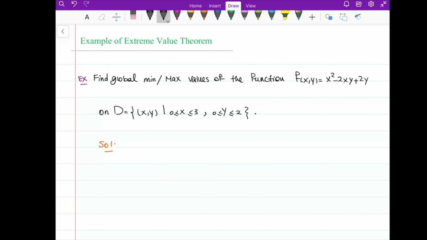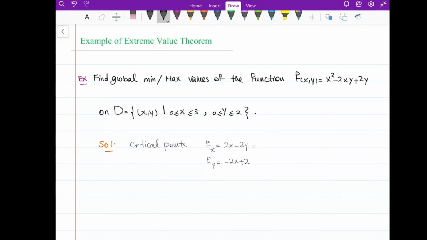I'm gonna find the critical points first. For finding them, I'm gonna find the partial derivative with respect to x, which would be 2x minus 2y. The partial derivative with respect to y would be negative 2x plus 2.